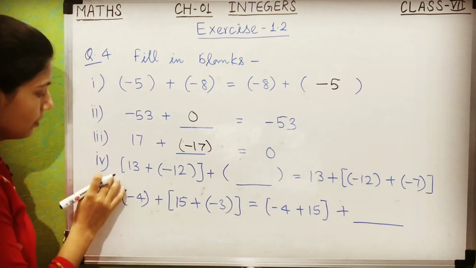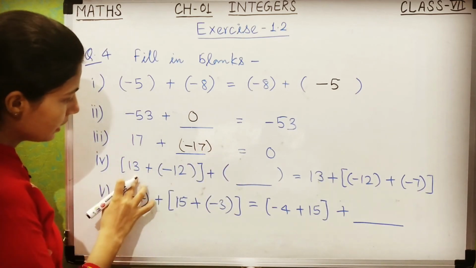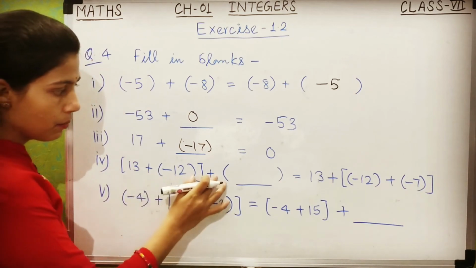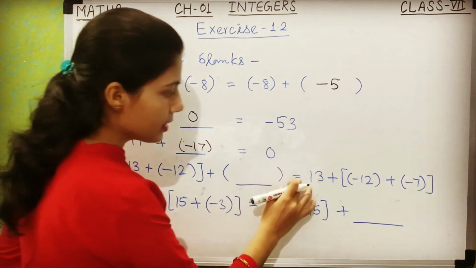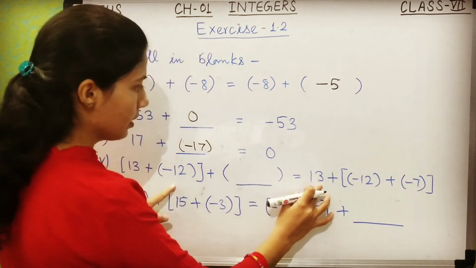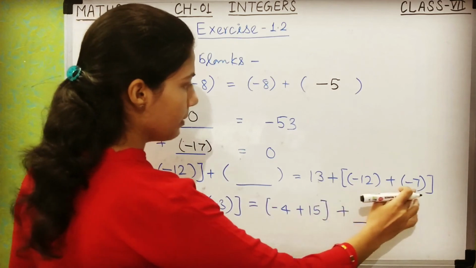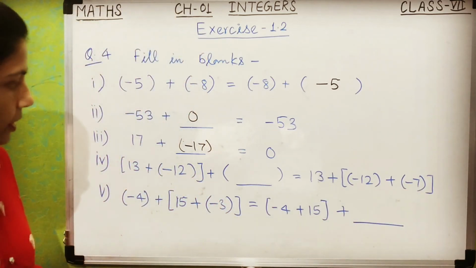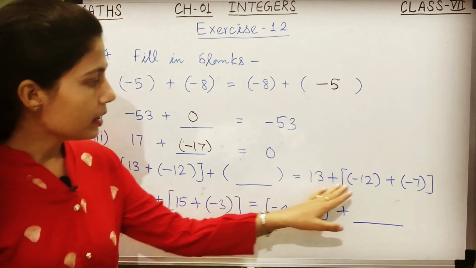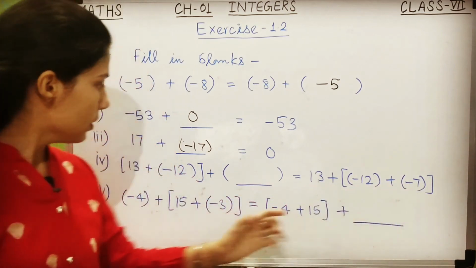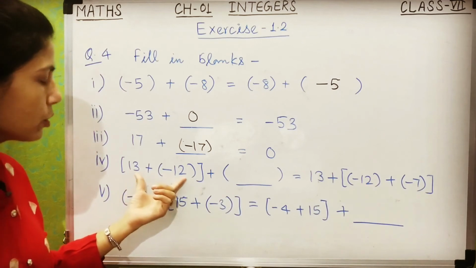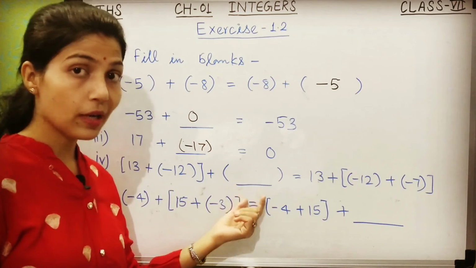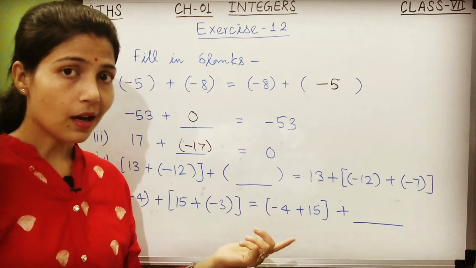Now the fourth part, 13 plus minus 12 is in one group, plus what, if it is equal to 13 plus minus 12 and minus 7 in another group. तो देखिए यहाँ पर तीन इंटीजर्स यूज हो रहे हैं, 13 माइनस 12 एंड माइनस 7. तो फर्स्ट केस में क्या हो रहा है, 13 और माइनस 12 को हम पहले ऐड करेंगे, फिर जो भी एडिशन आएगा उसको थर्ड इंटीजर से करेंगे. तो ऐसा किस केस में होता है? एसोसिएटिव में.